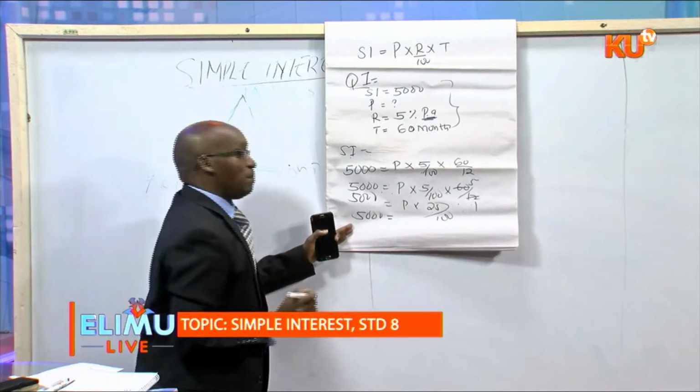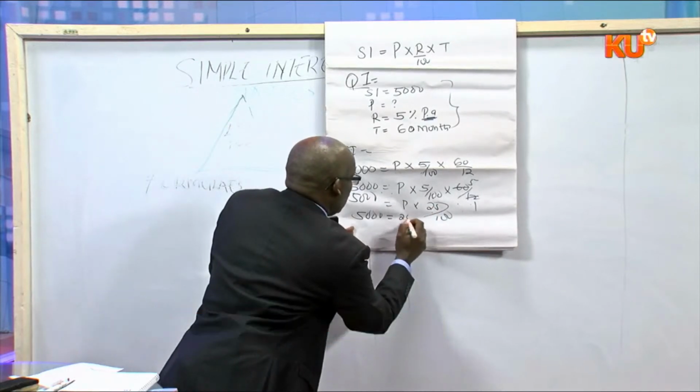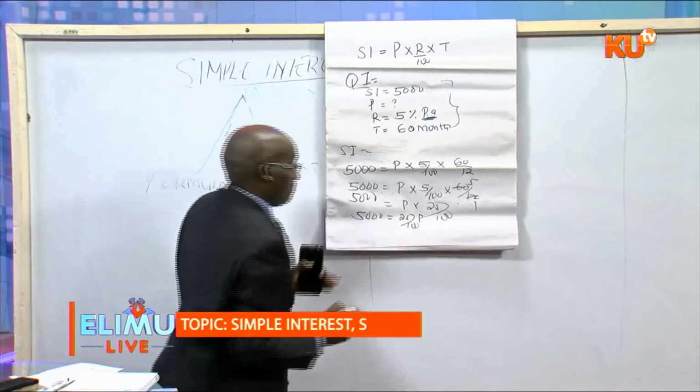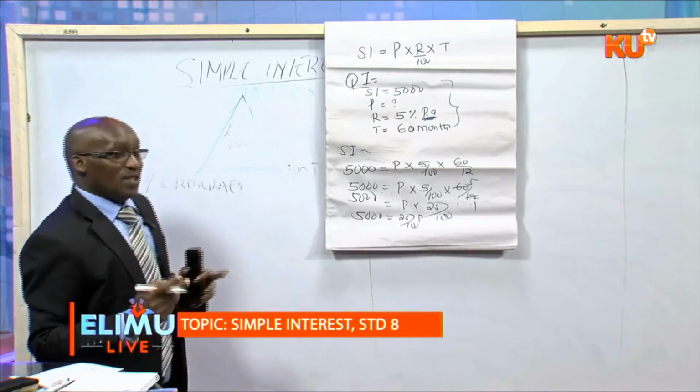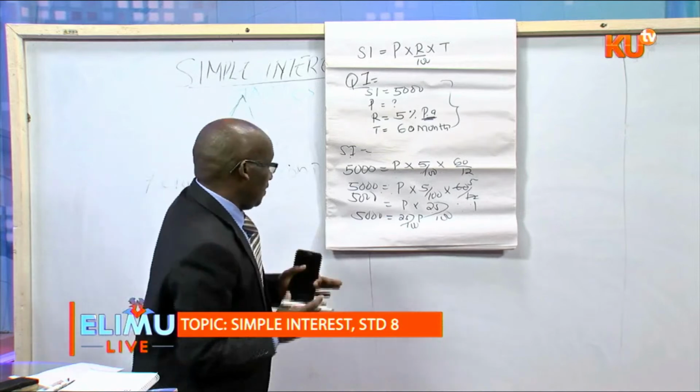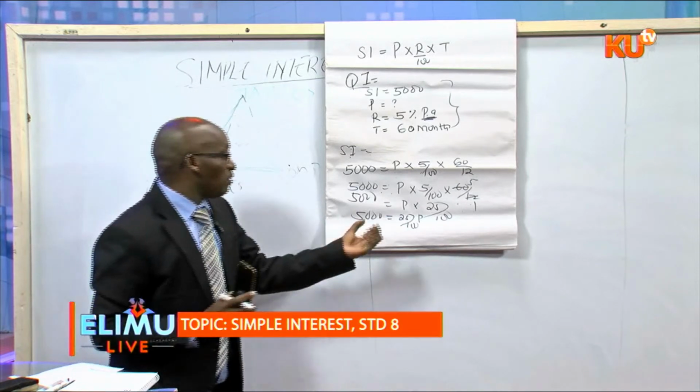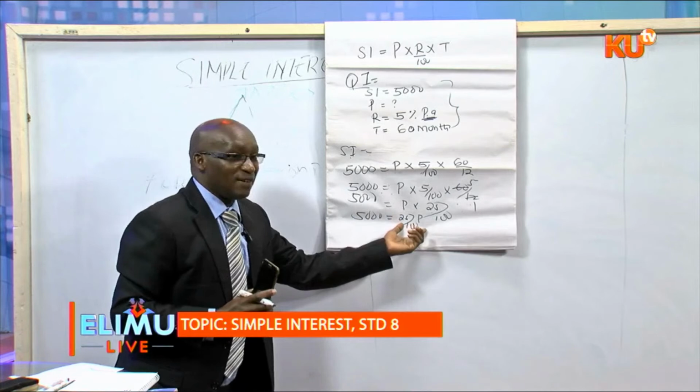25 over 100 multiplied by P will give you 25 over 100 P. You see, it becomes very easy when you are doing the simplifying with multiples of 100.